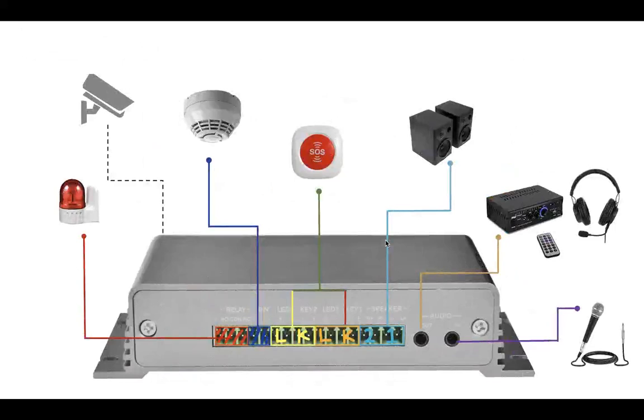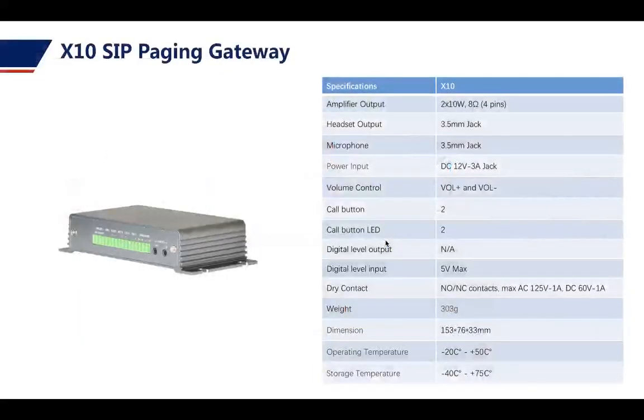And also for the external music connections, only the X10 is supported. The X30 does not support the external music connection feature. And also on the X10, the audio section is using the 3.5 mm jack.